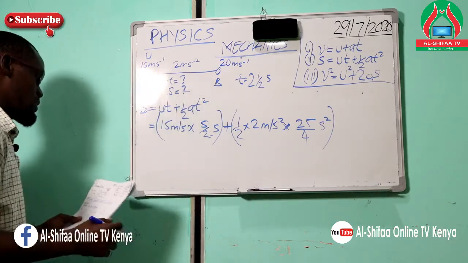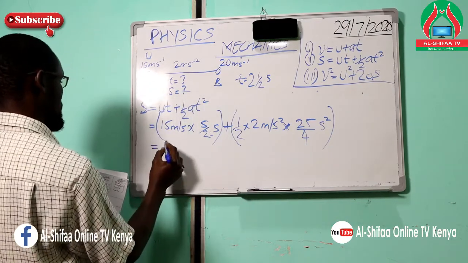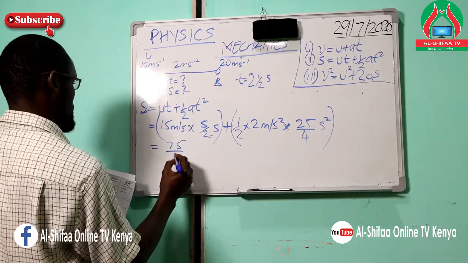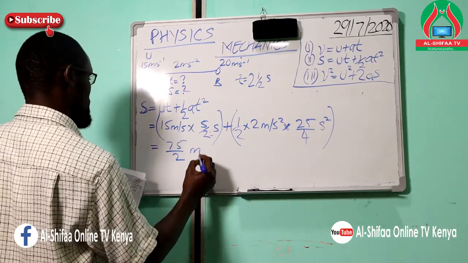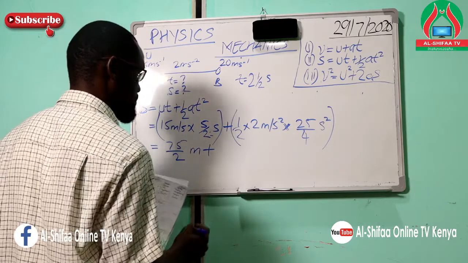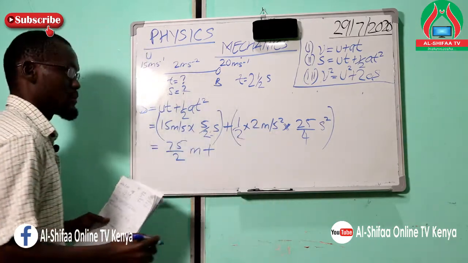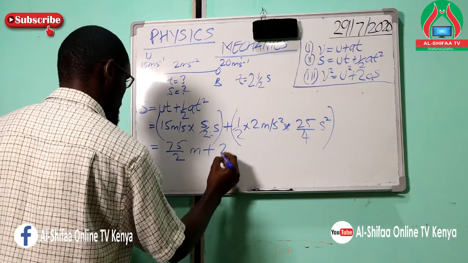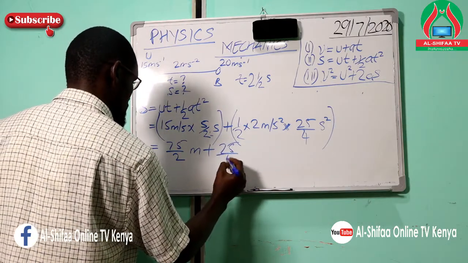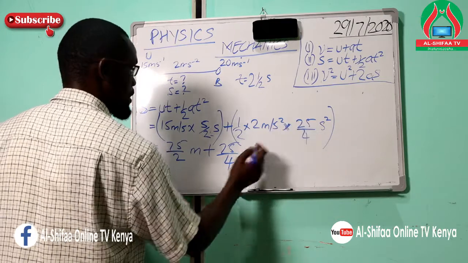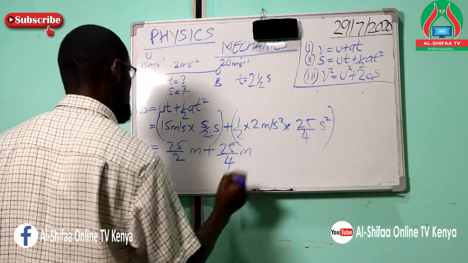So when we multiply, we'll get 75/2, which will be meters, plus the 2 and the 2 will cancel out, will remain 25/4. And also this here, the unit will be in meters.